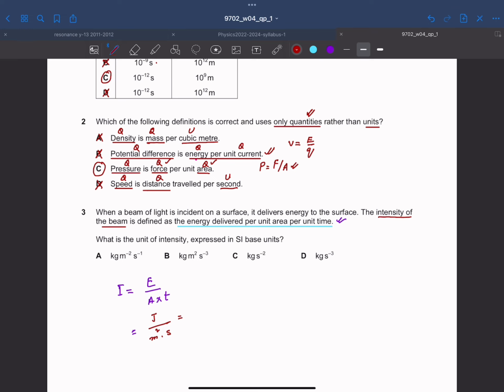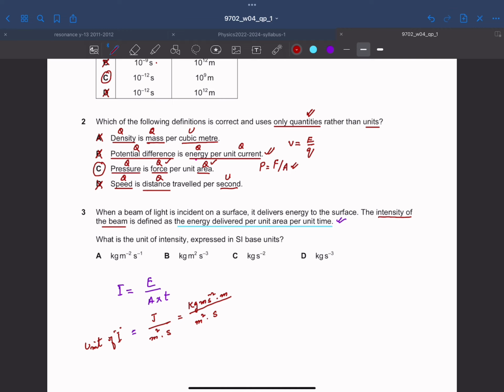But you know that joule is not a base unit, so you can write kg meter per second square, this is force, multiplied by the distance, so this will give you the complete unit of energy, and here you have meter square second. So now we are talking about the unit of I, the unit of intensity.